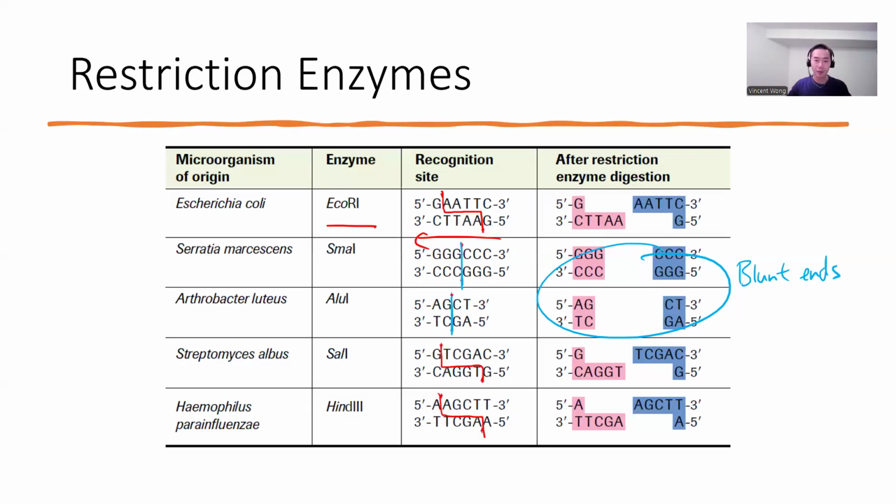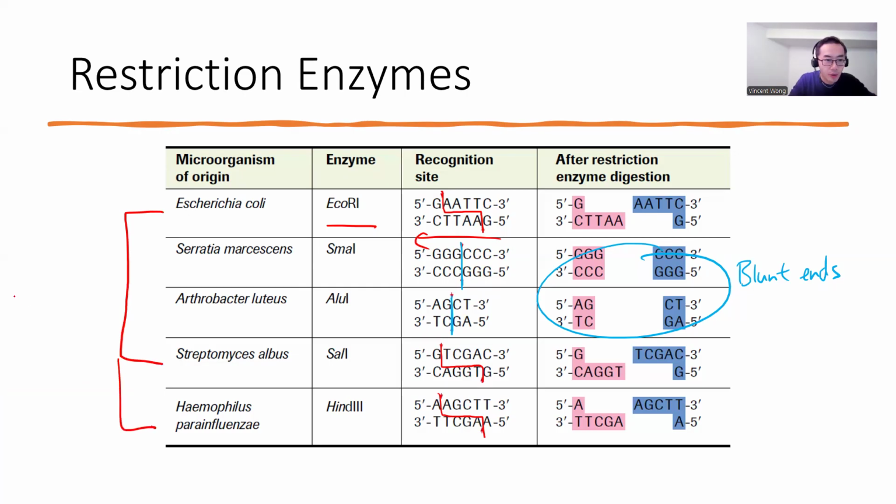And by that, we mean that we're trying to put the gene of interest, the insulin gene, into a plasmid, right? So in order to do that, the blunt end enzymes are not very useful for us. Okay, we will only be using the restriction enzymes that create sticky ends. All right, so let me write that down for you.